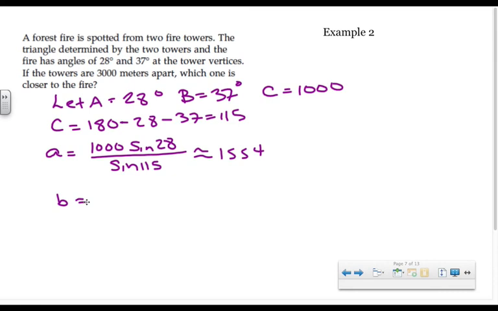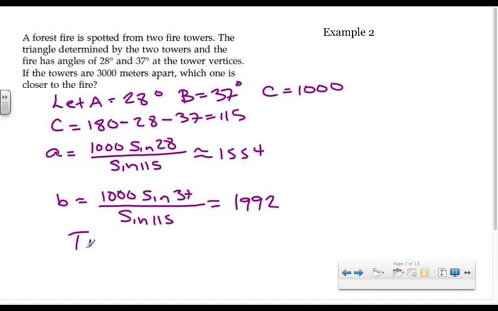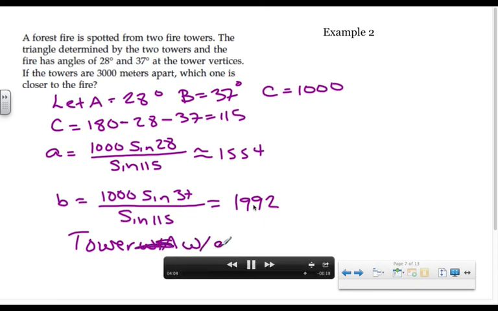I'm going to do b as 1,000 times sine 37 over sine 115. I'm going to end up with 1,992. Since B is the bigger angle, the tower is the furthest away from the fire, because b is 1,992 and this is the bigger angle. So it's the tower with angle B. And that is the end. I'll see you tomorrow.